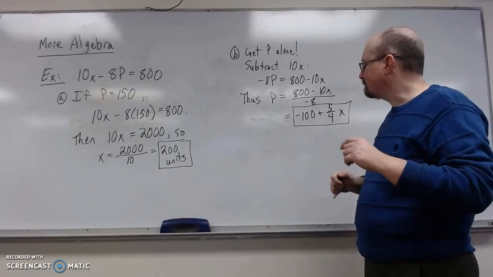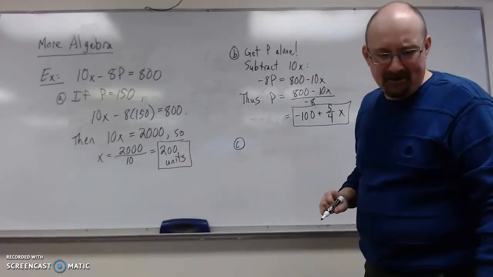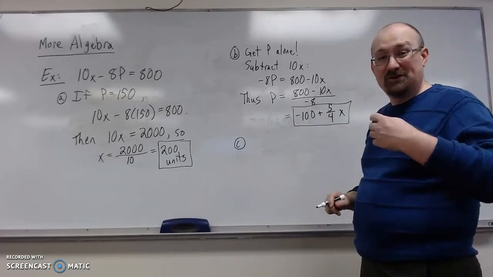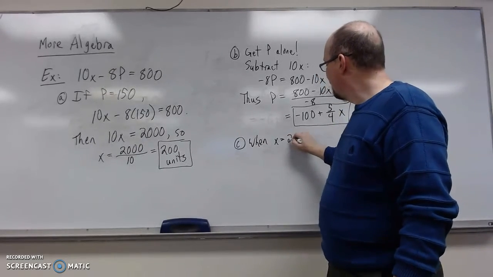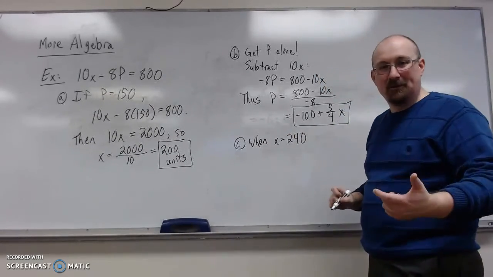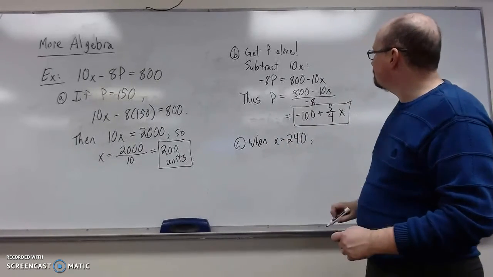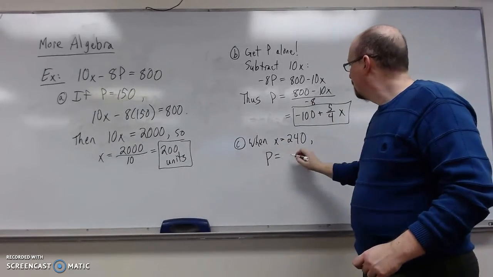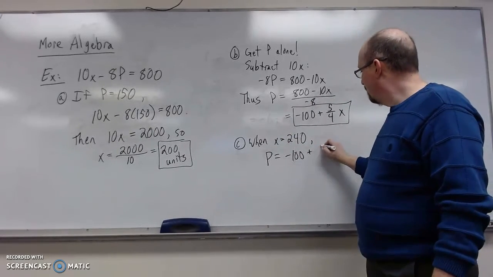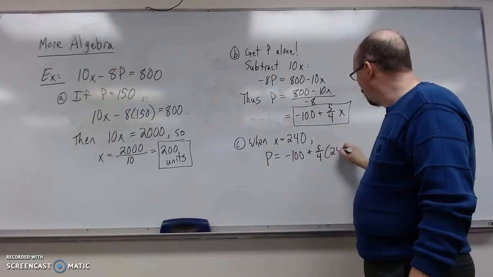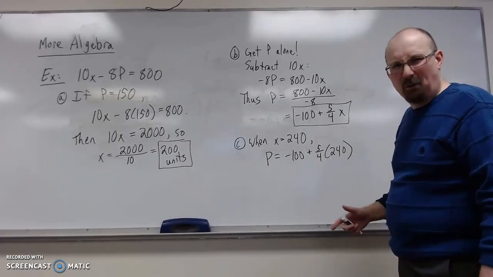Now for part C, at the bitter end of this, it says find the profit when 240 units are sold. So now we have an X value, because that's the number of units sold, 240. We feed in negative 100 plus 5/4 times 240, and work out the arithmetic.